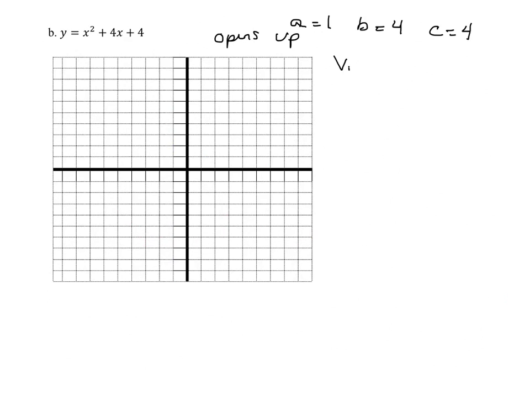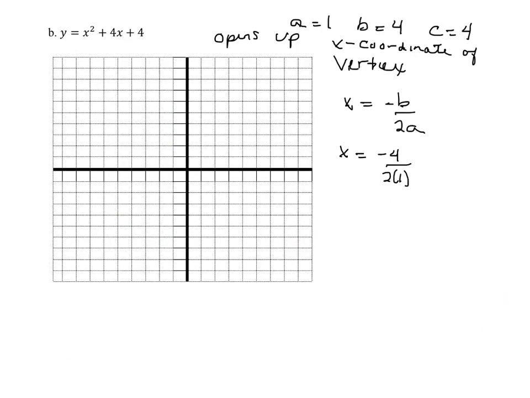We need to get the x-coordinate of the vertex. And how do I do that? Well, x is equal to negative b over 2a. So negative b, negative 4 over 2 times 1, which is negative 2.